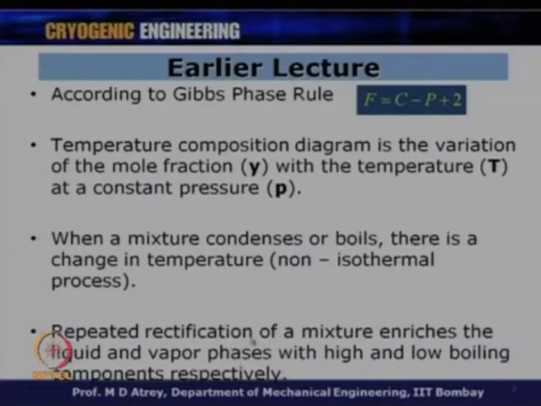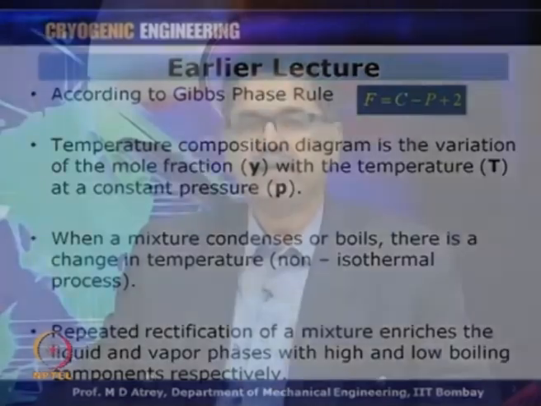For example, for an oxygen nitrogen mixture, when you go on rectifying repetitively, the liquid gets richer in oxygen, and at one end you get liquid oxygen which is 100% oxygen, and the vapor phase gets richer in nitrogen vapor. Ultimately we condense this vapor in order to get liquid nitrogen. What is important to understand is that the liquid phase gets richer in the high boiling component, which is oxygen for a nitrogen oxygen mixture, and the vapor phase gets richer in the low boiling component, which is nitrogen in this case.